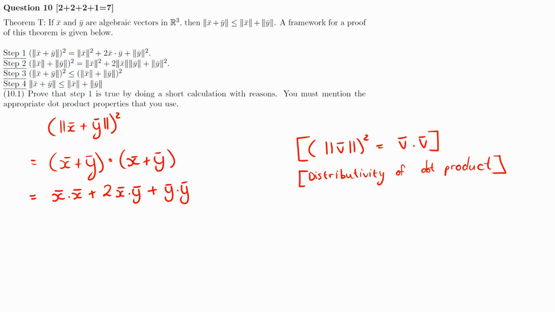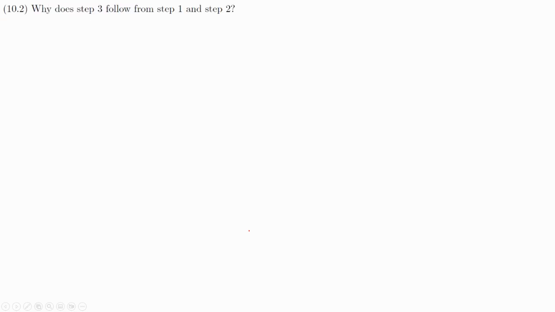So it's a dot product and we distributed everything. And this is again just equal to this again. And this is equal to this again, by using that exact rule we used at the start. Okay, and that's how they got this at 10.1.